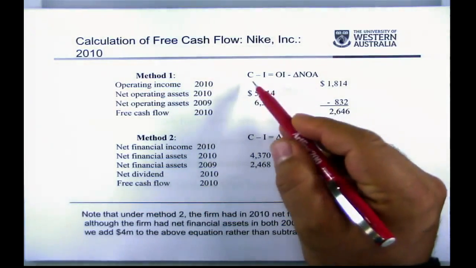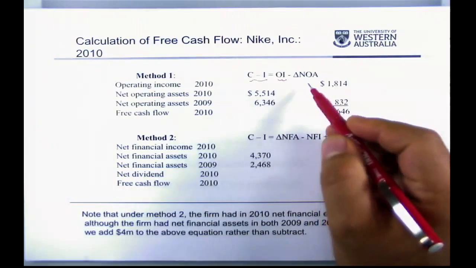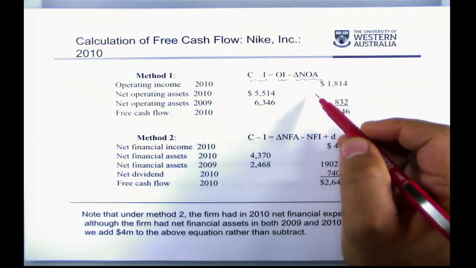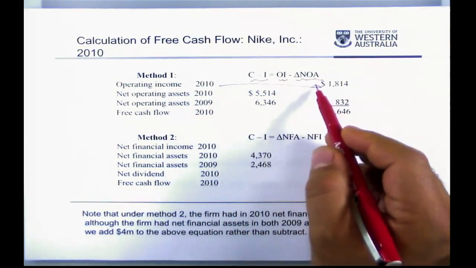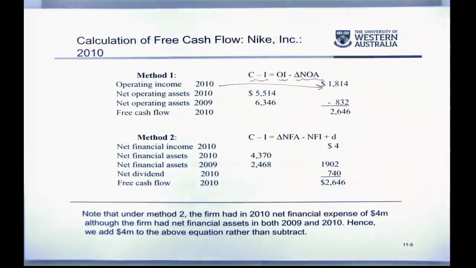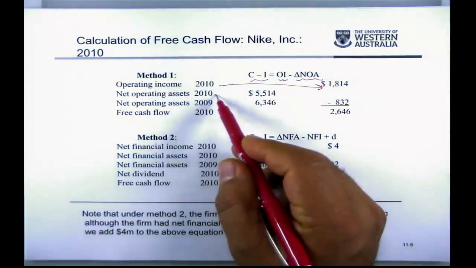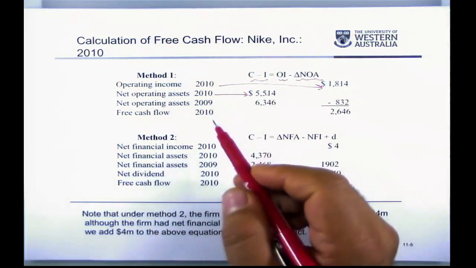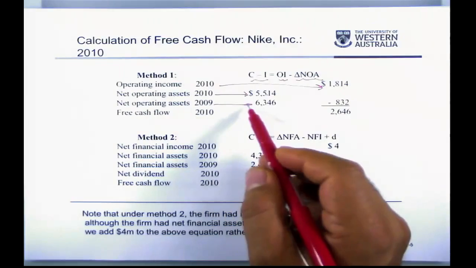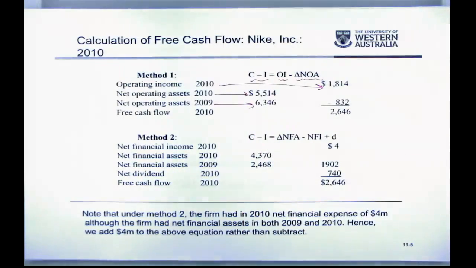So free cash flow is equal to operating income minus the change in net operating assets. In 2010, the operating income of Nike was 1814. This is the adjusted or reformulated operating income. In that year also, the firm had net operating assets of 5514, and in 2009, the net operating assets was 6346.